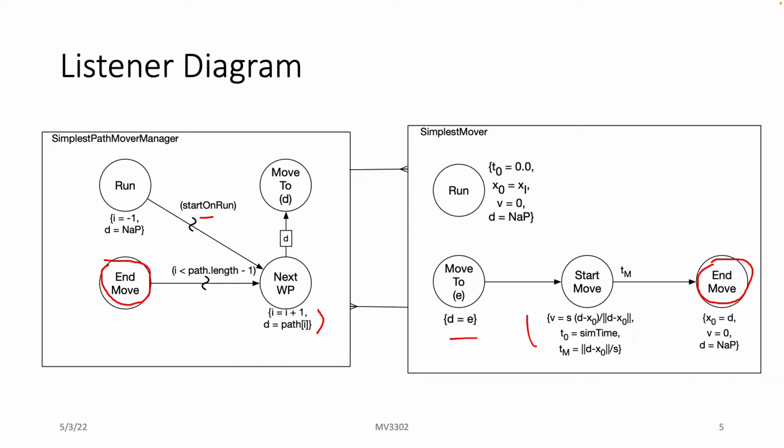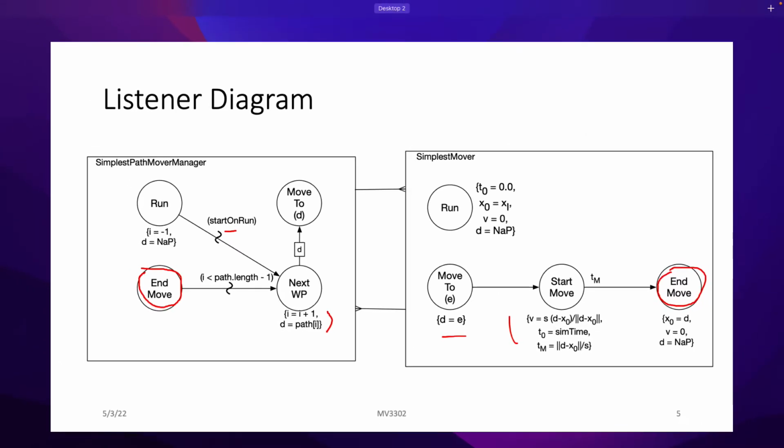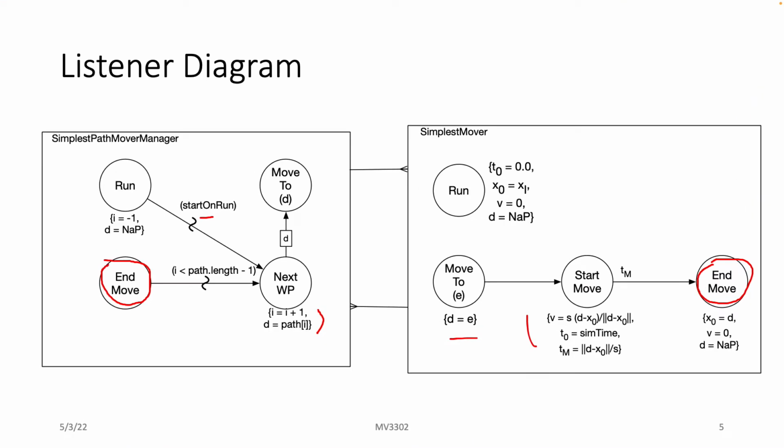All right, so let's compare this with our event graph. We have a run method, which is going to maybe schedule a next waypoint. So let's see how that works. Here's the run event.